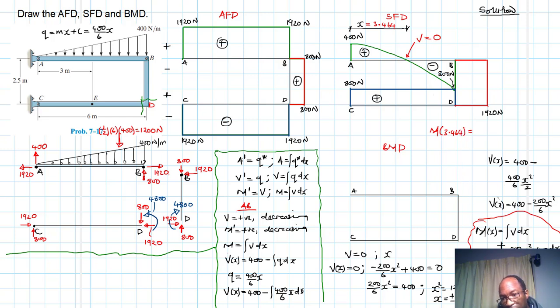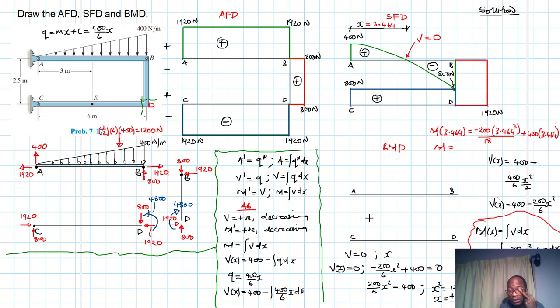The function is just down there. It's minus 200 times x cubed, and we put our 3.464 cubed divided by 18, then plus 400 by 3.464, then we close.